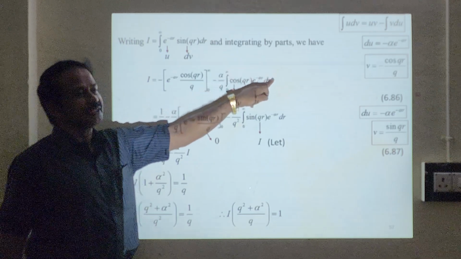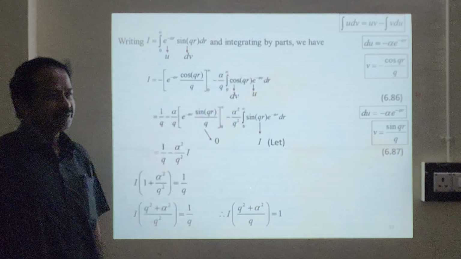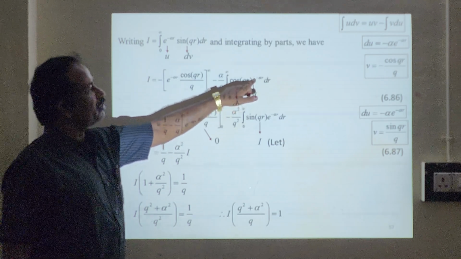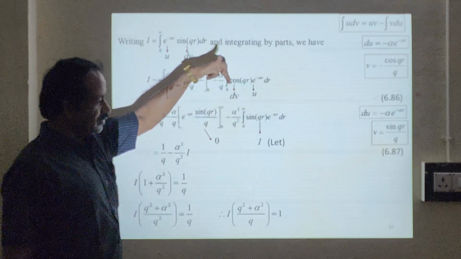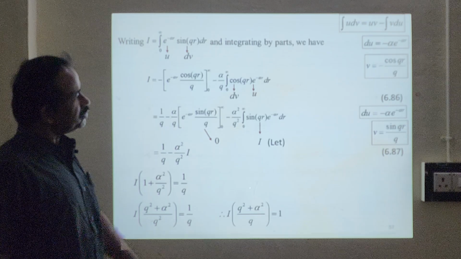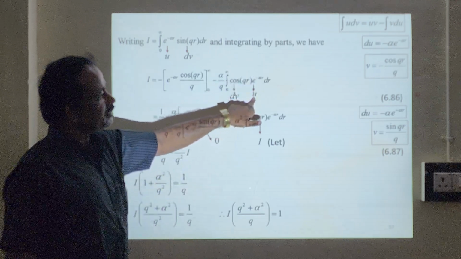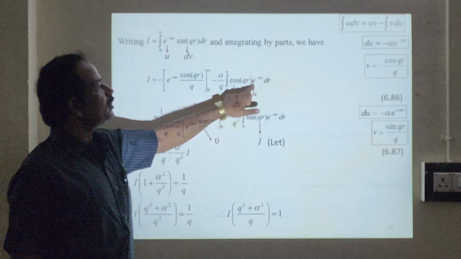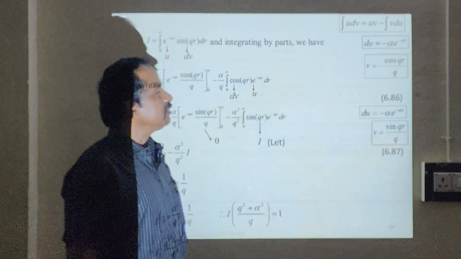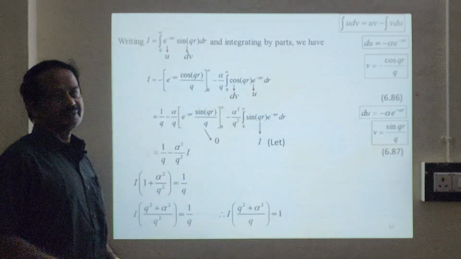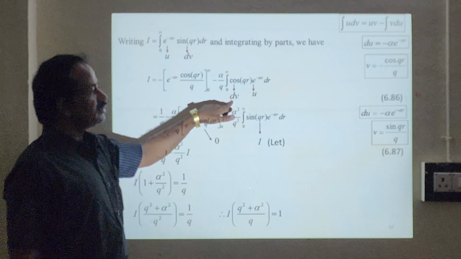Now we are going to solve this one, again using the UdV method. This time we are going to take e power minus alpha R as U, and cos QR as dV. As usual, U is what we have taken, so du will be minus alpha e power minus alpha R. And cos QR is nothing but dV.